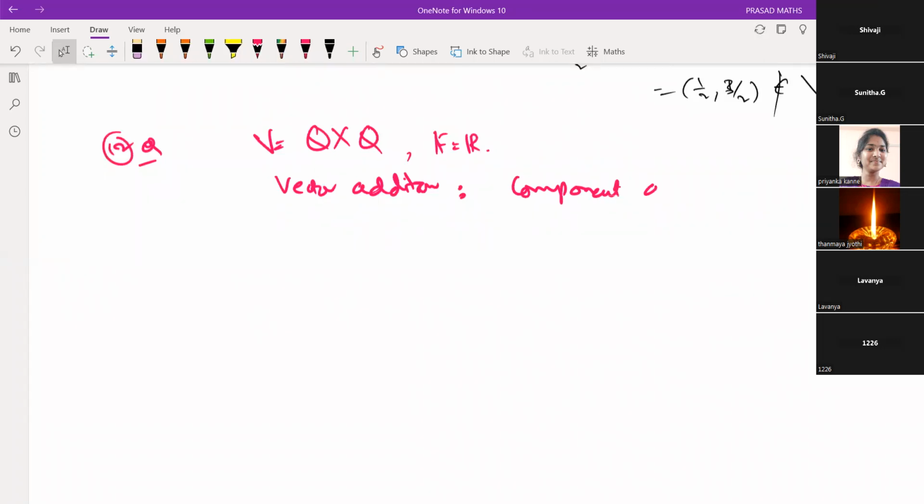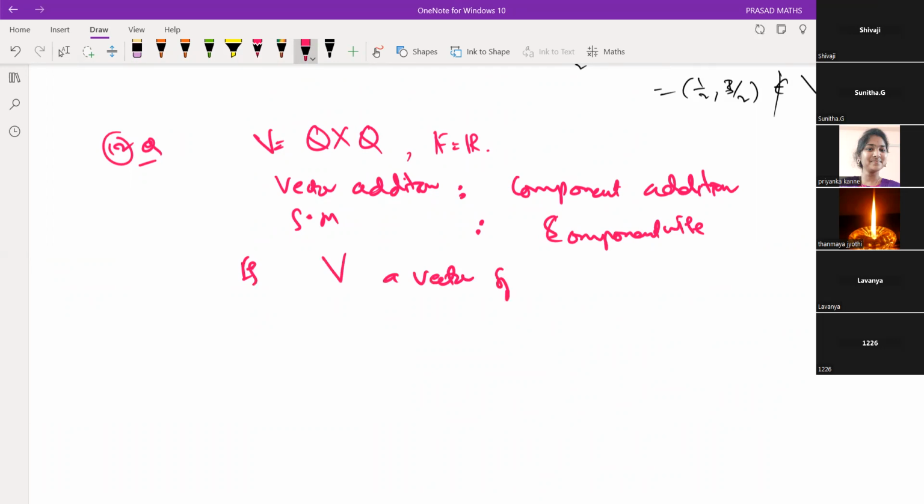You have seen what is meant by component wise. Next, scalar multiplication is also component wise. So the question is, is it a vector space?